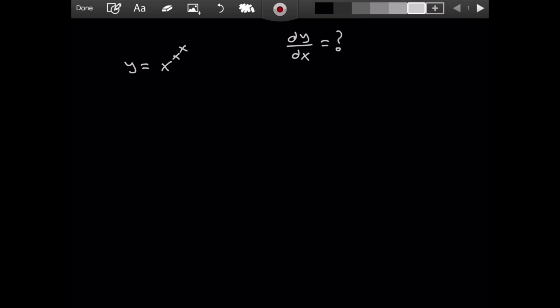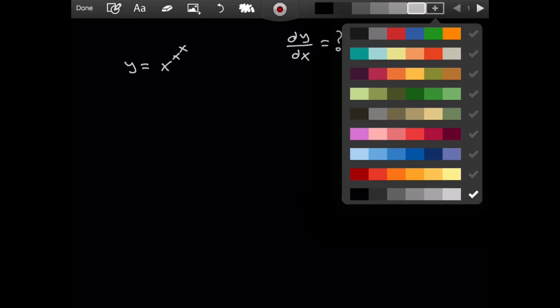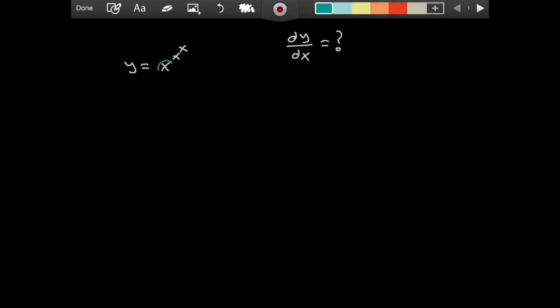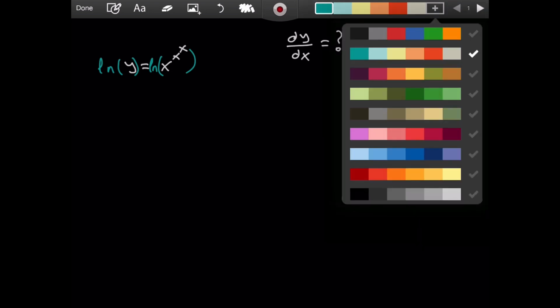Cool. How do we start? Since we have a variable on the base and also on the exponent, it is a very good idea to start with logarithmic differentiation. That is, we take the natural logarithm of both sides. So we have ln of y and ln of the function that we want to find the derivative of with respect to x.